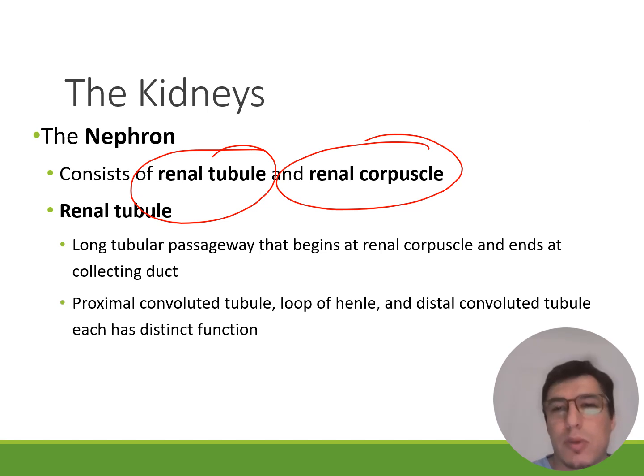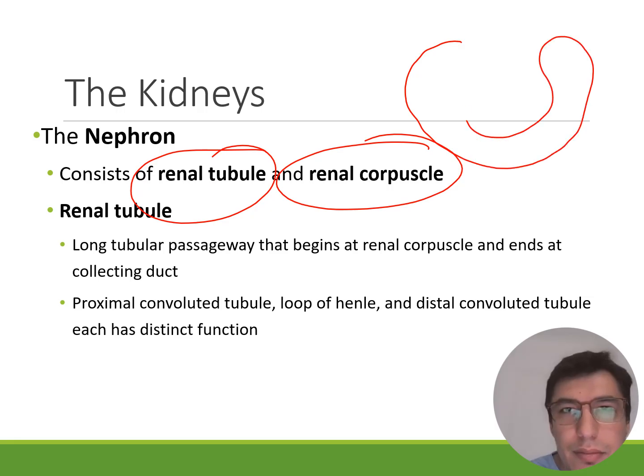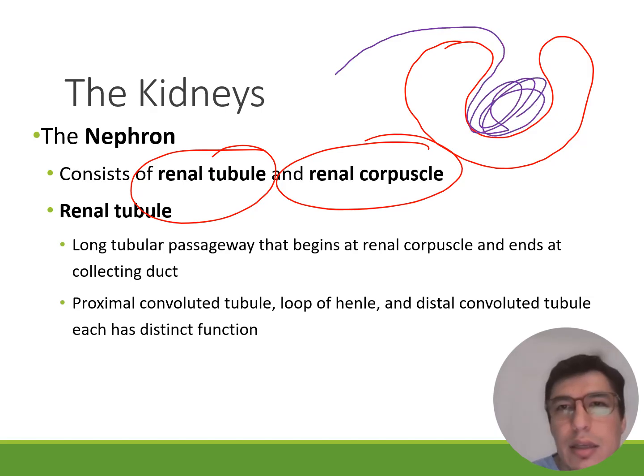So the renal tubule is where the filtrate of that nephron is leaving into that pyramid. And the renal corpuscle is that Bowman's capsule, that bilayer, in addition to the capillary that comes in and out.